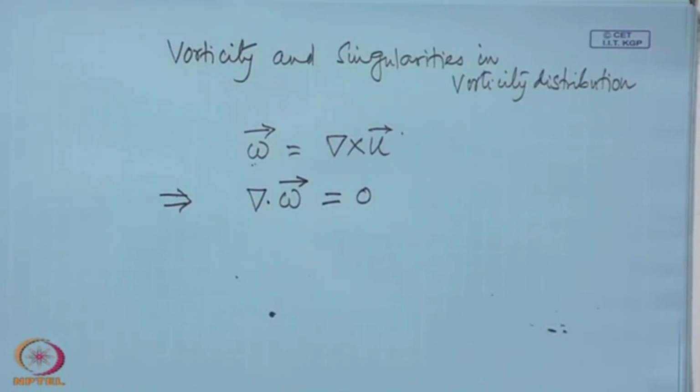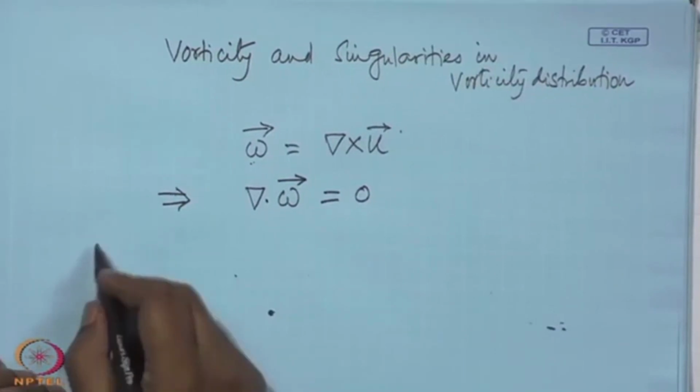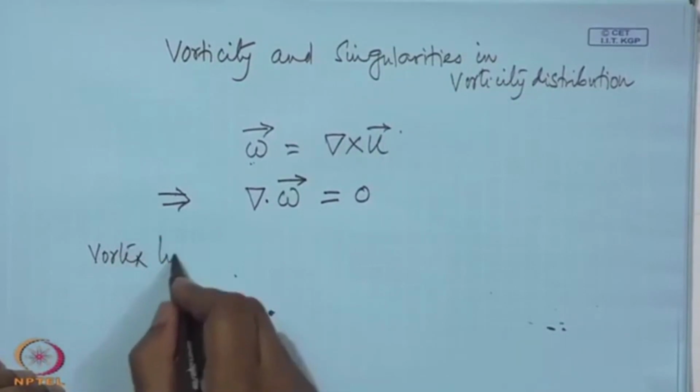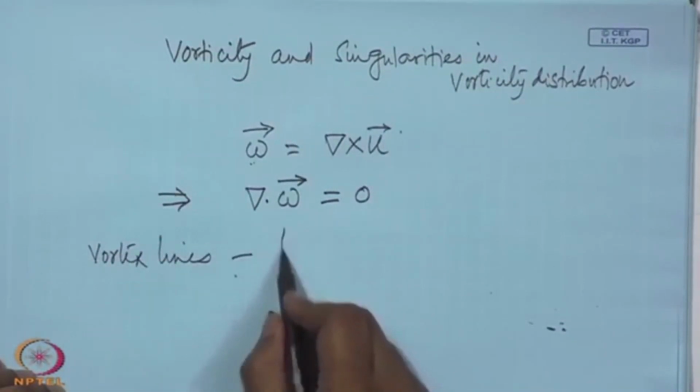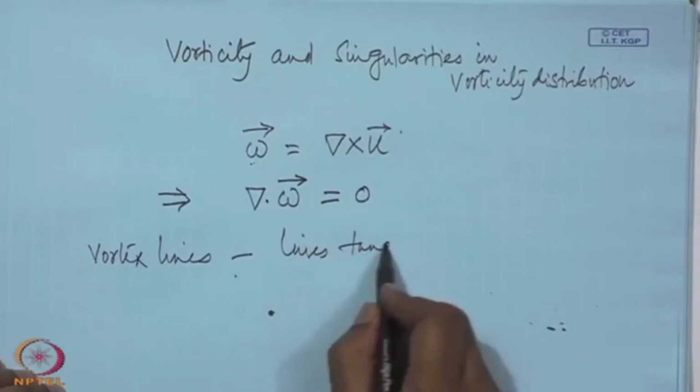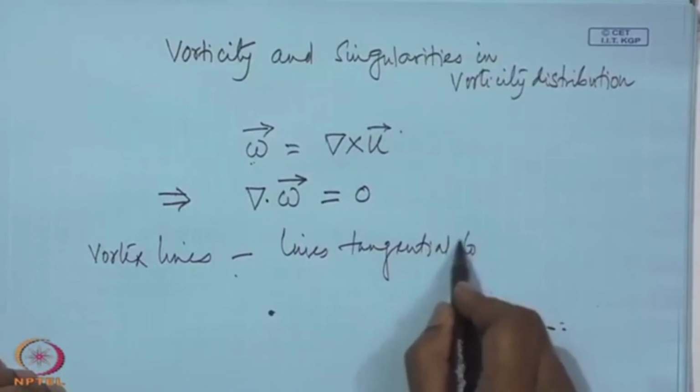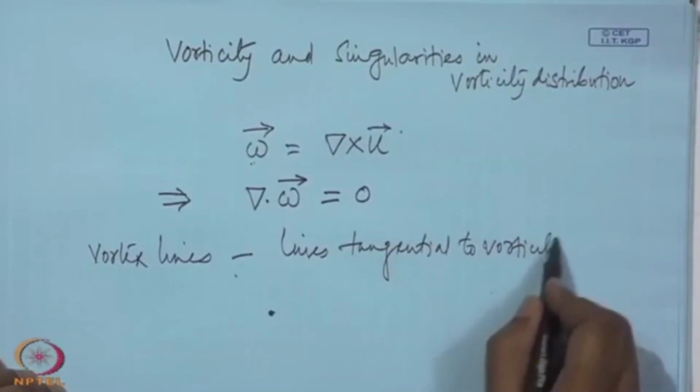By the same method through which we derived the equation for streamlines, where we made u cross ds as 0, which gives dx by u equal to dy by v equal to dz by w, exactly similar equations we can obtain for the vortex lines, tangential to the vorticity vector.